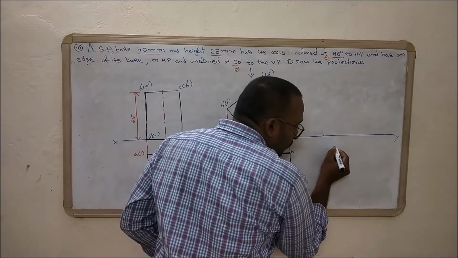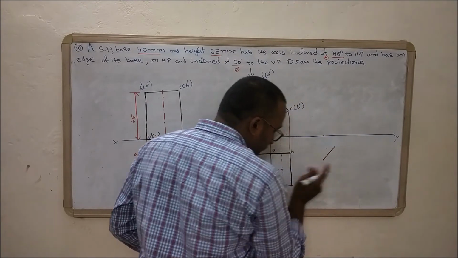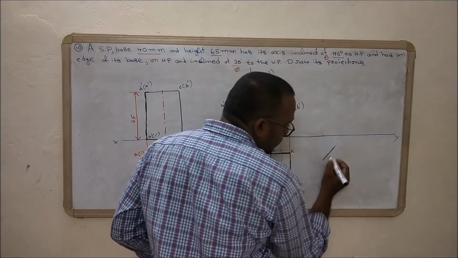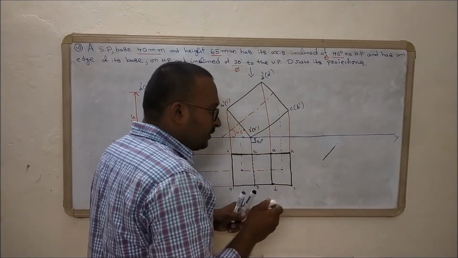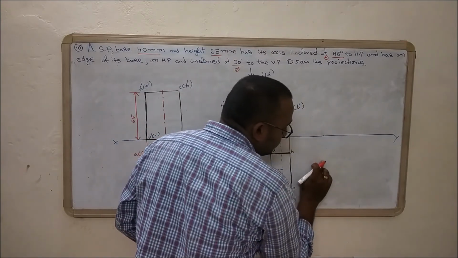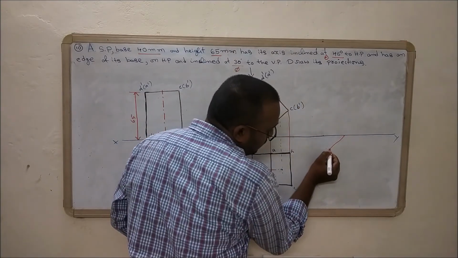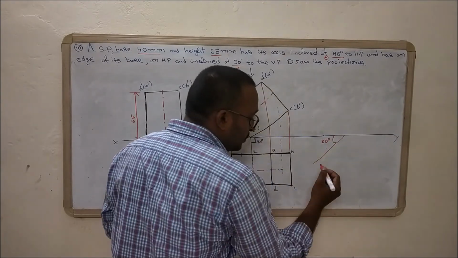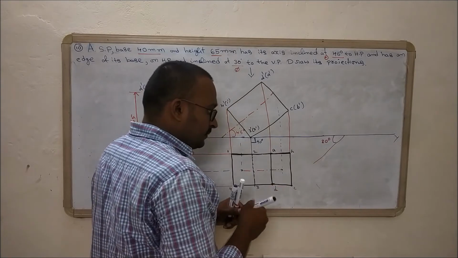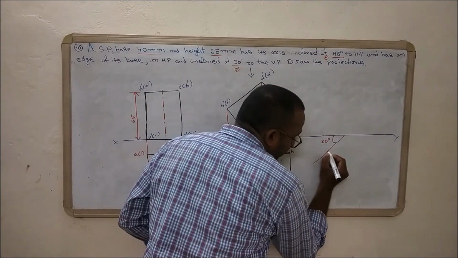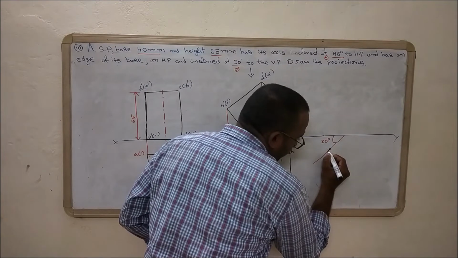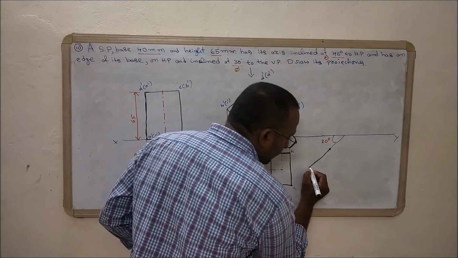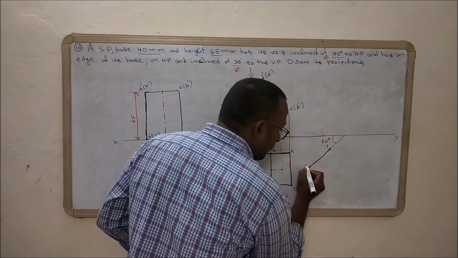So take the distance of 1 4. Here this is the 30 degrees inclination. Base side is about 1, 4.